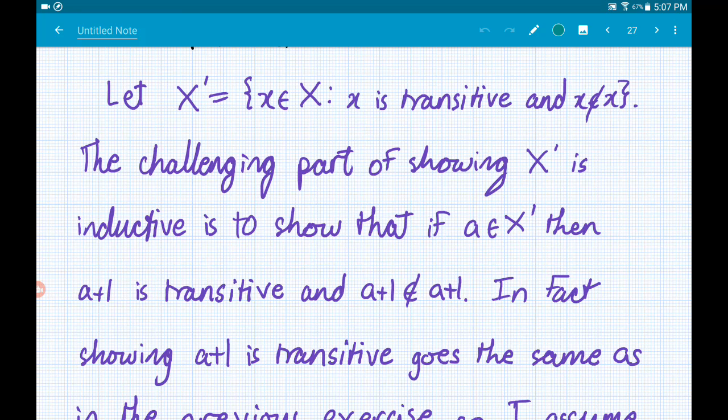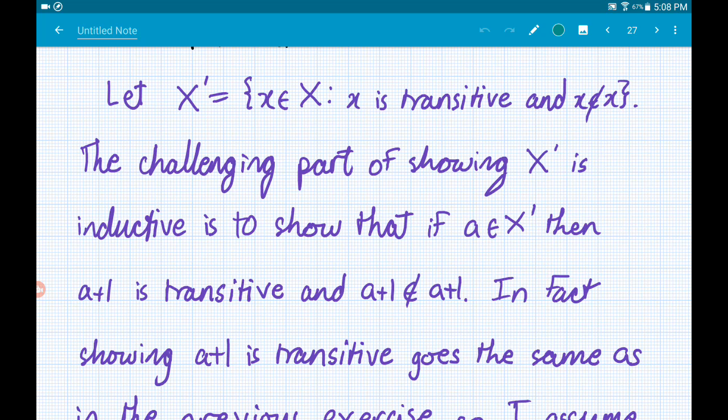Again, I skip the easy parts and go to the hard part, which in this case is showing that x prime is inductive. So for any a in x prime, I want to show that a plus 1 is transitive and not an element of itself, so that a plus 1 gets into x prime.